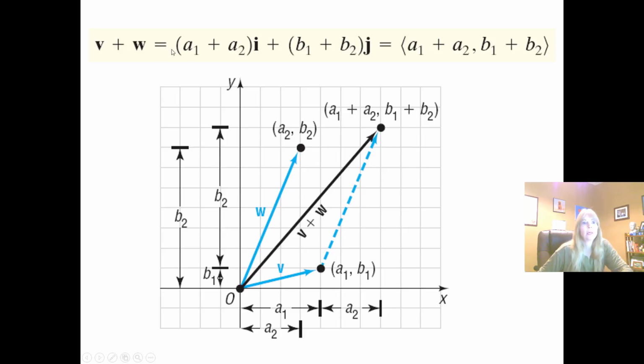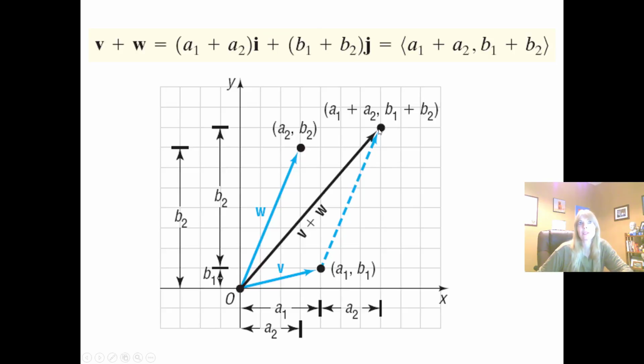So for example, if I look at this picture and it's V plus W, it's actually composed. So notice here that we're looking at the unit vectors. Okay, so this is my horizontal. So I've gone the horizontal distance, and this piece is my vertical distance.